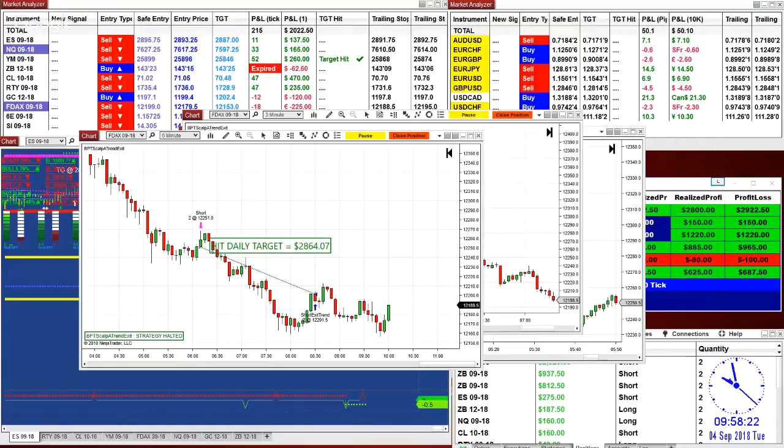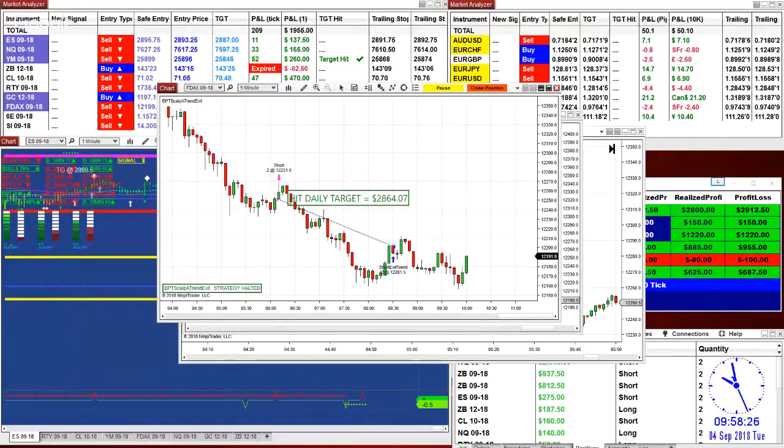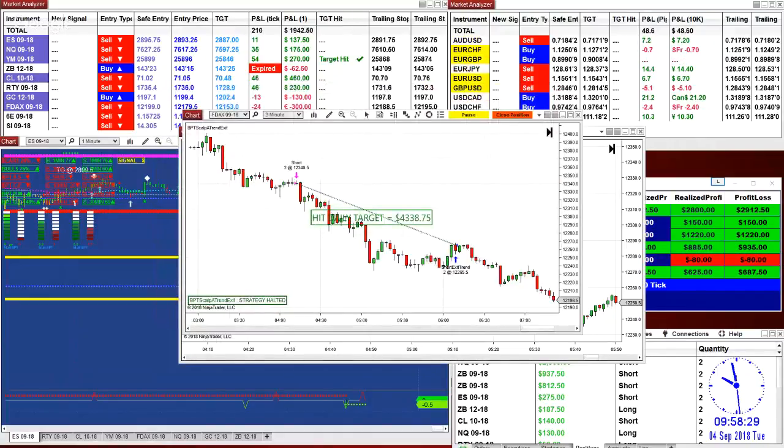Nevertheless, today it is an extremely good run in the market. When the market moves very nicely, a lot of money is to be made. A good day for auto trading.